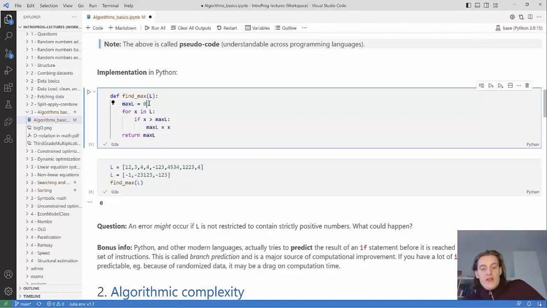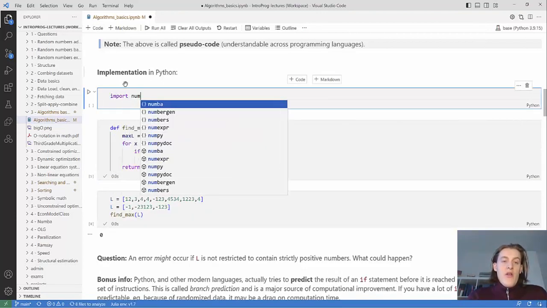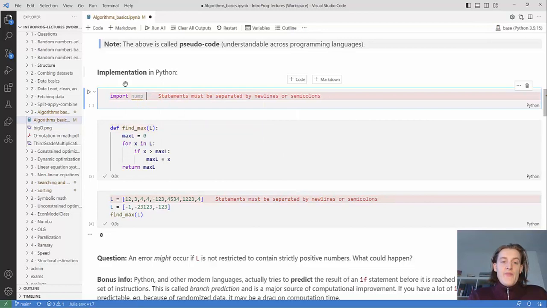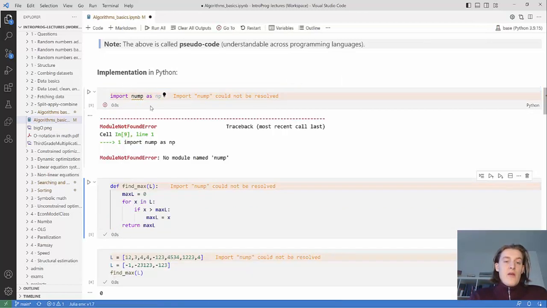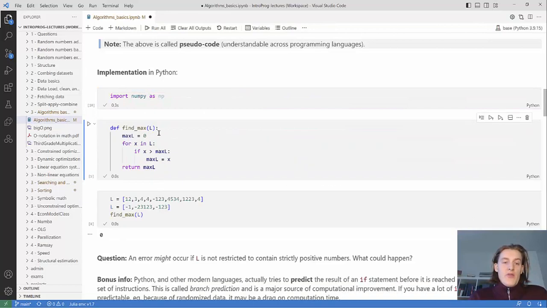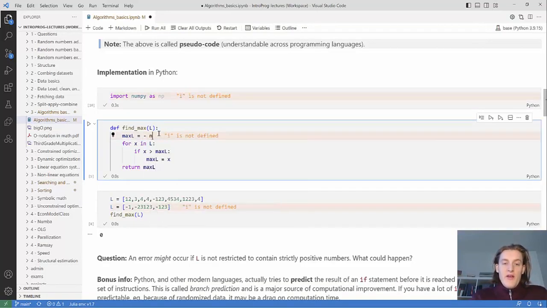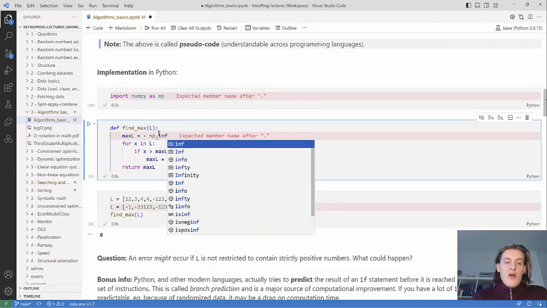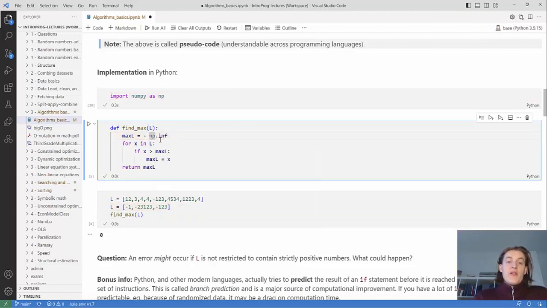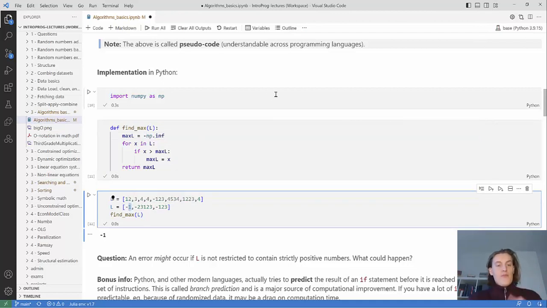How you would solve this is you would use NumPy. NumPy has a value called inf, which is infinite in computer terms, and then you can just start out by having it being negative infinity, and then you sort of solve this problem, and then you still find the maximum number.